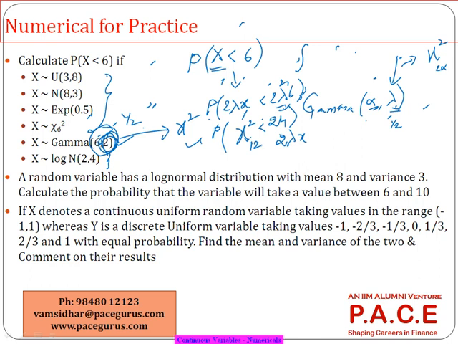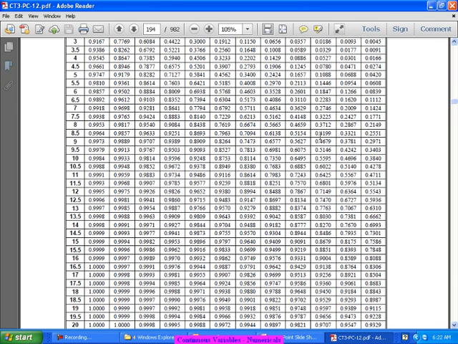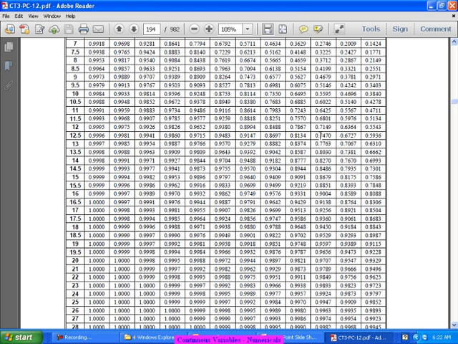What is the probability that a chi-square with 12 degrees of freedom has a value less than 24? I can very well pull that out from our tables, right? So looking at it, 12 degrees of freedom, and he is asking for a value less than 24.